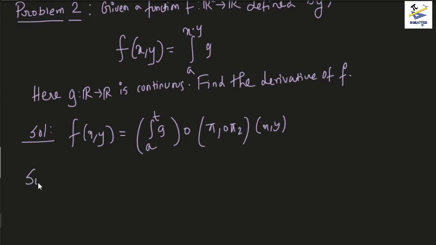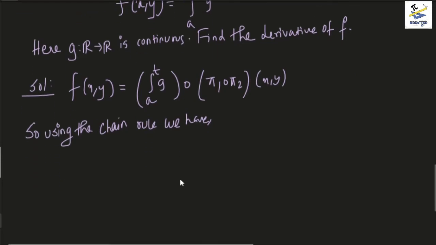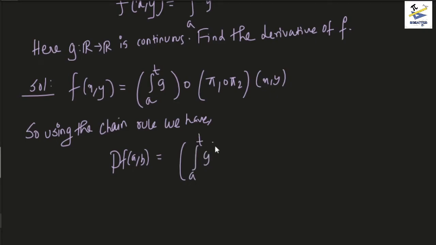Using the chain rule, we have df at the point (a, b) is basically the derivative of the integral from a to t of g at the point (a, b).